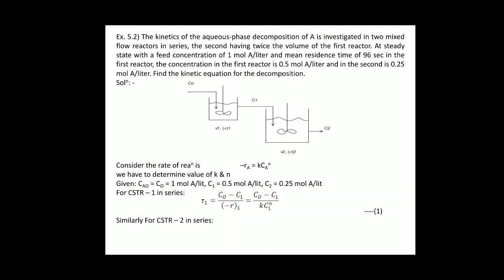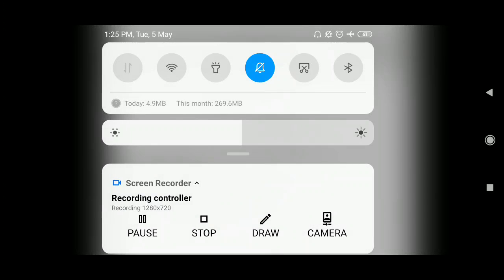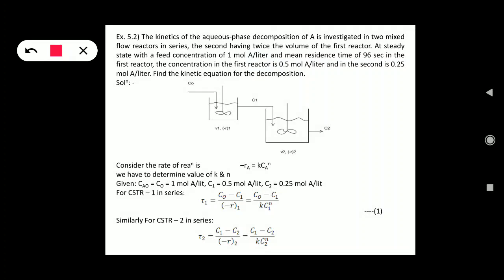Similarly for reactor 2, I can write tau 2 is equal to C1 minus C2 upon minus R2, and minus R2 is K C2 raised to n. Why C2? Because the concentration in reactor 2 will be C2.